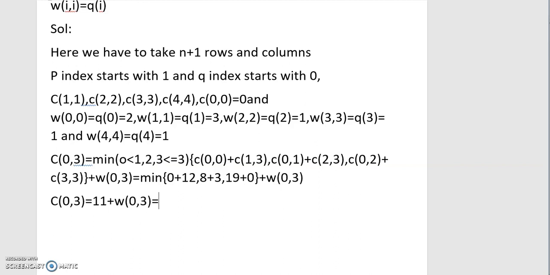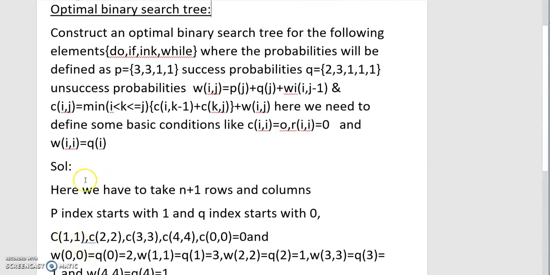Now find W of 0 comma 3, equal to P of 3 plus Q of 3 plus W of I comma J minus 1, that is W of 0 comma 2, since 3 minus 1 is 2. P of 3 how much? Let's see, P of 3 is 1.